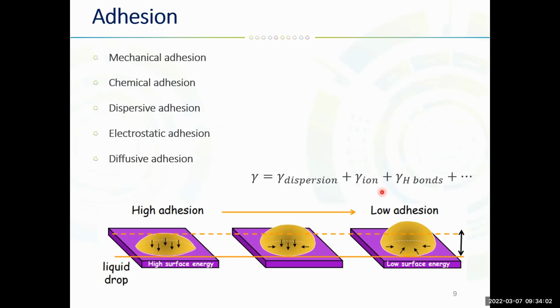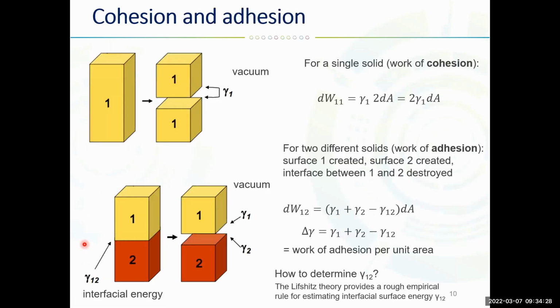The same thing happens when a solid tip comes into contact with the substrate. This adhesion can be high or low depending on how these atoms are interacting with one another. So let's bring a bit more formulas to this terminology.